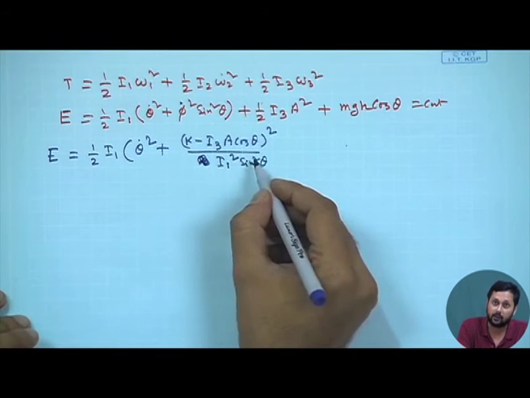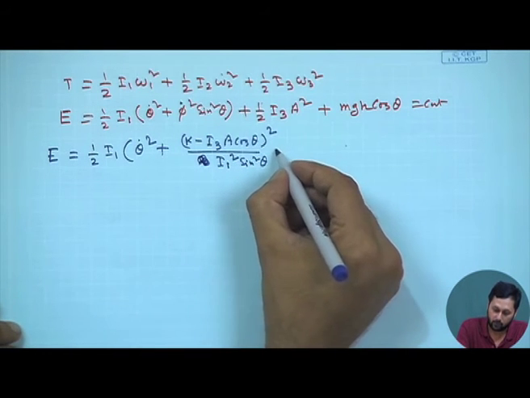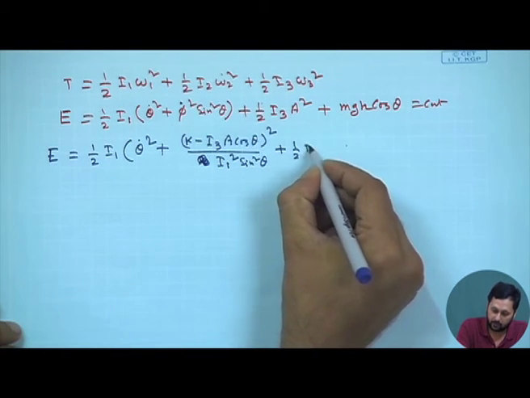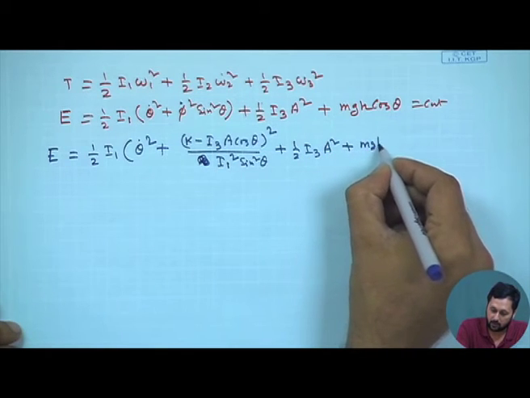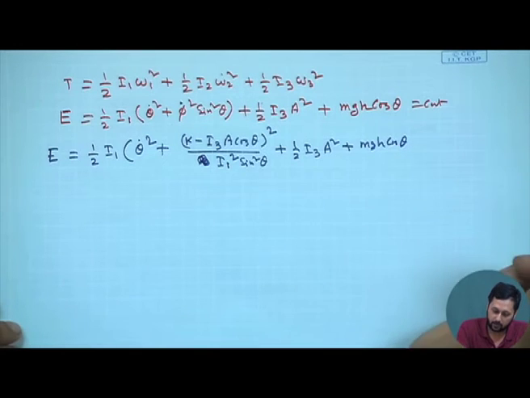Check the expression of K and this will be obvious to you, and then this one stays as half I3 A square plus mgh cos theta, okay.